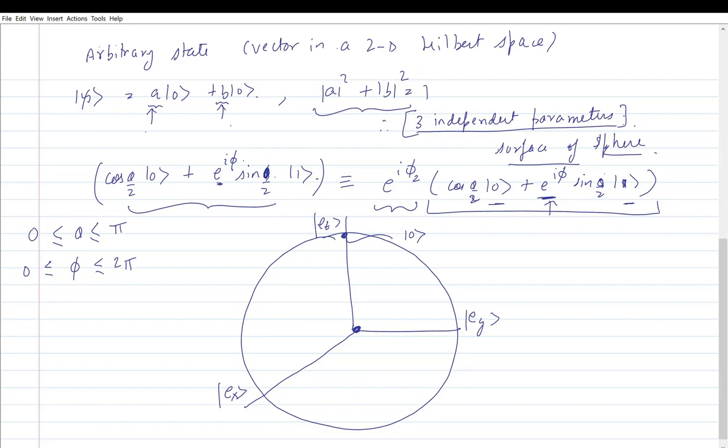So theta is 0, which is also e_z, or it's my spin up, or it's my representation for the right circularly polarized light.